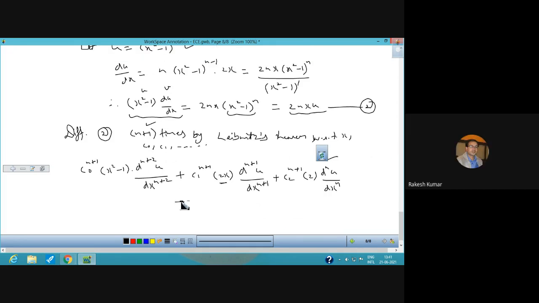And on the right hand side, 2 is a constant, n is also a constant. You can take the u into v formula. x can be taken as u and u can be taken as v.